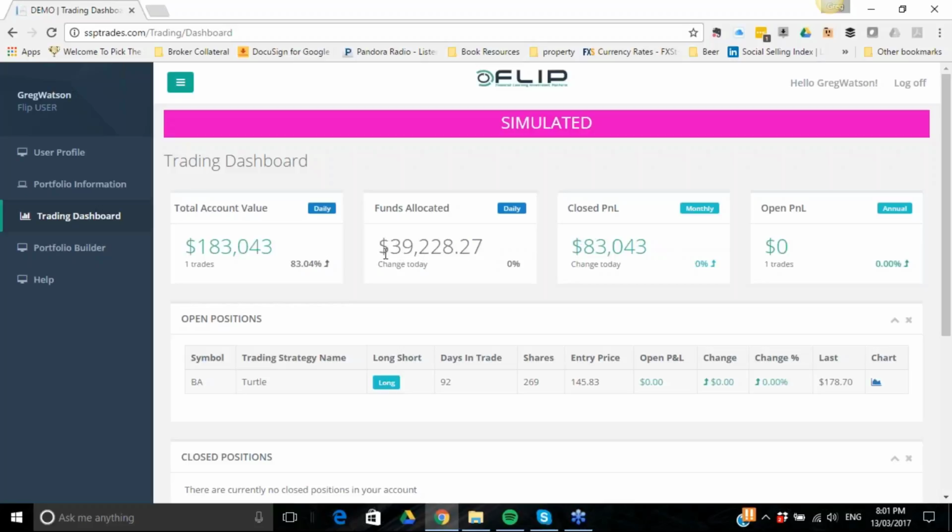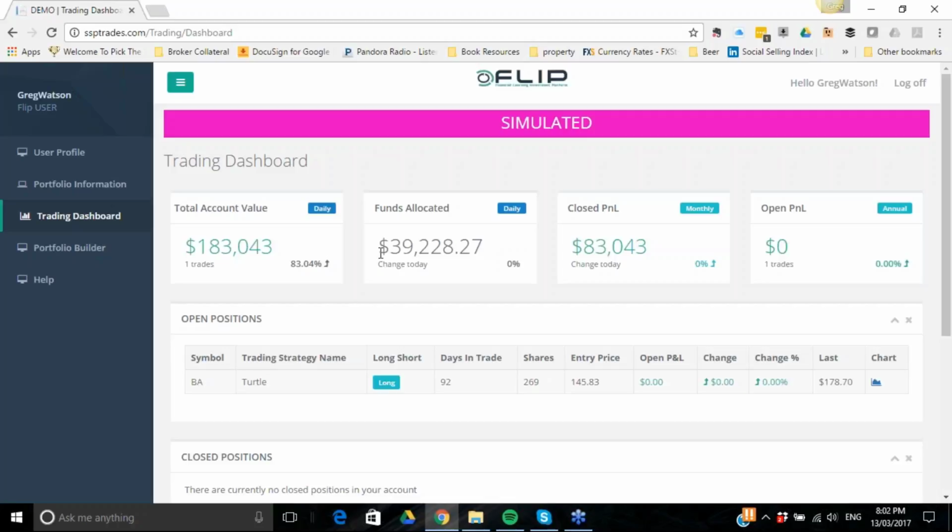What's really interesting is the funds allocated. This is as of today, today being the 13th of March, 2017. As of today, if we had this live, the system would only have had $39,000 live in the market because of those flat spots I was telling you about before.